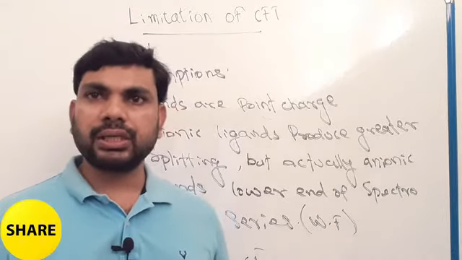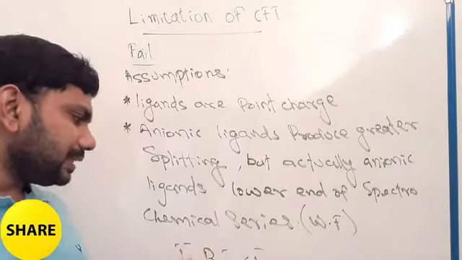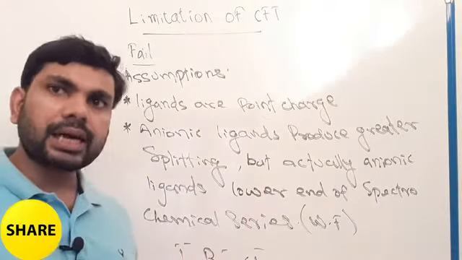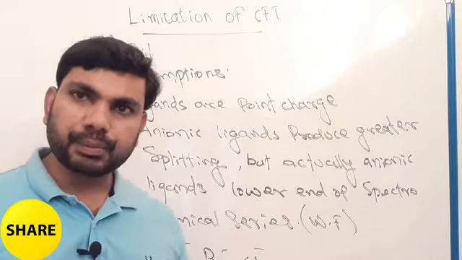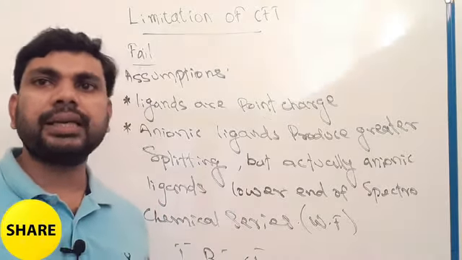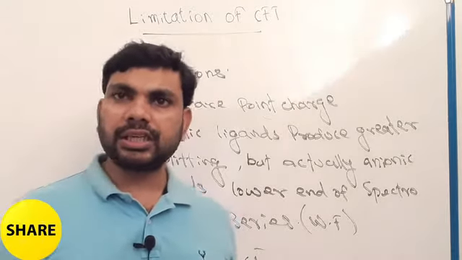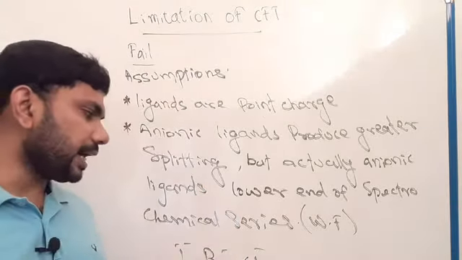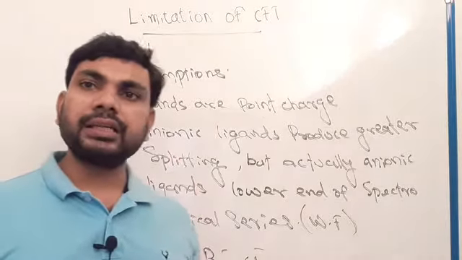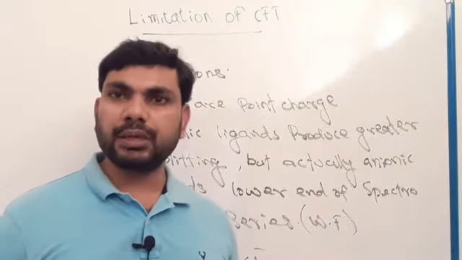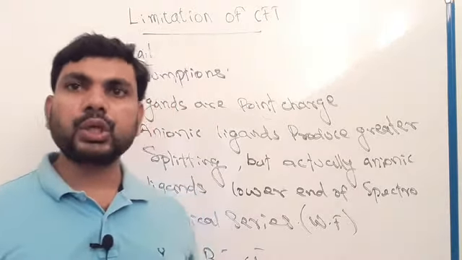Ligands are arranged in this way. Here these are negatively charged ligands and they produce less splitting, and these are weak field ligands. But according to crystal field theory, this type of negatively charged ligand should produce more splitting, but actually it is not like that.